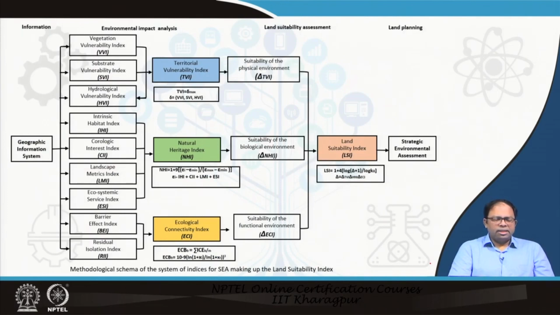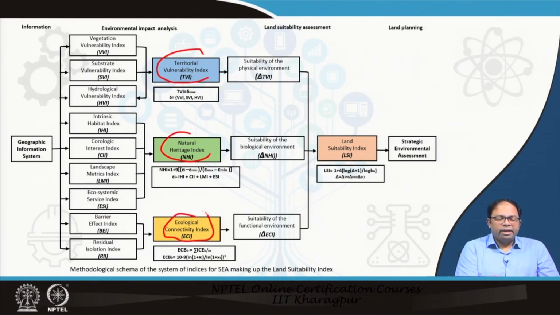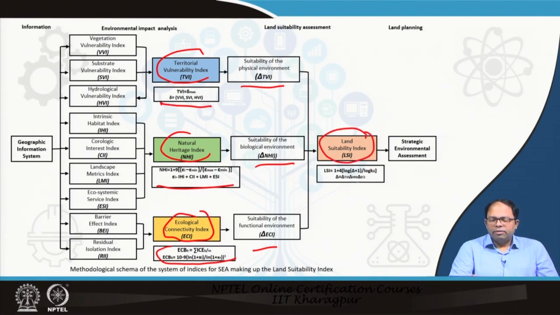So using the same methods, you can see that once we have generated these indexes based on these sub indexes, which again depend on several factors within them, then we can determine the suitability as we have discussed earlier. Each of these has formulas using which we can create these indexes, and then overall suitability is determined in the form of the land suitability index, again using this particular formula, and based on that we can determine where we should take some corrective measures or not. So this is how our overall index could also be created.